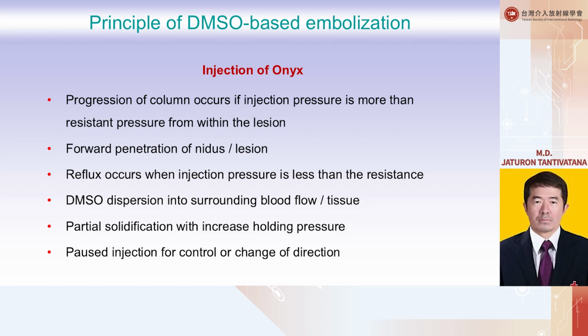And then the DMSO disperses into the surrounding tissues, into the bloodstream or any environment, and produces more solidification of the Onyx column with increased holding pressure. And then we pause, and then we inject again. In this manner, we can control the direction of the Onyx injection.